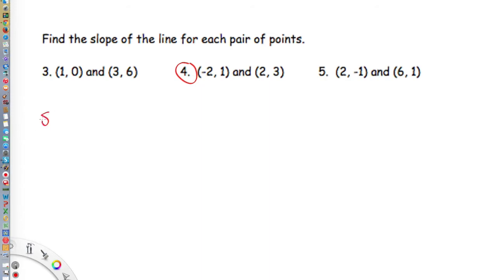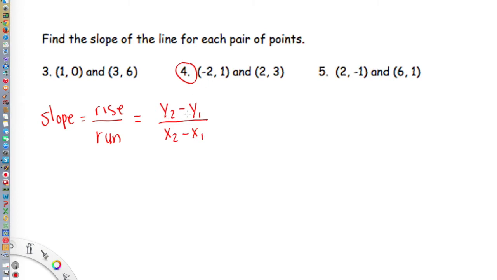First of all, I know that slope is equal to the rise over the run. And how do I find that? I find that by the difference in my y-coordinates, y2 minus y1, the difference between my y values, over the difference in my x values, which would be x2 minus x1.